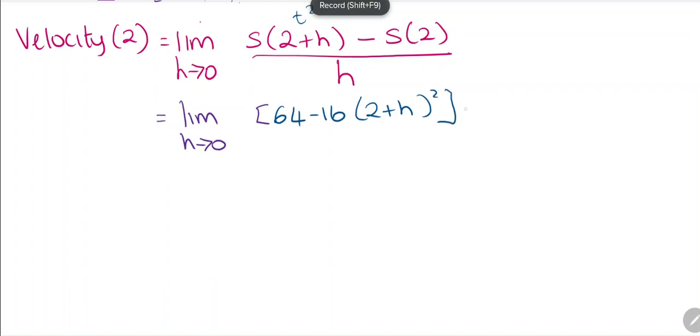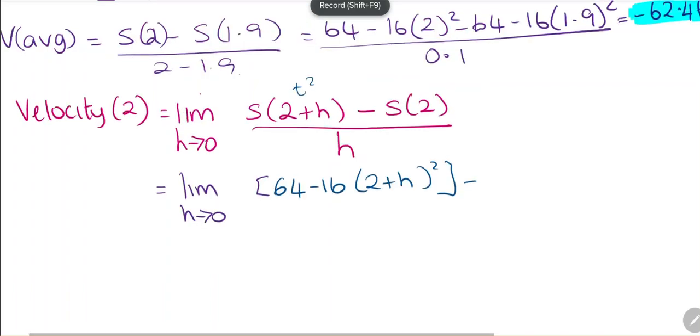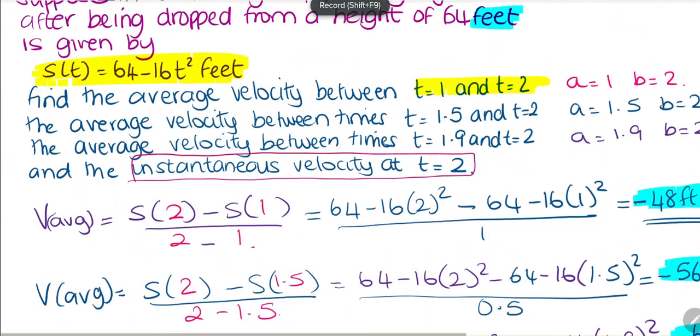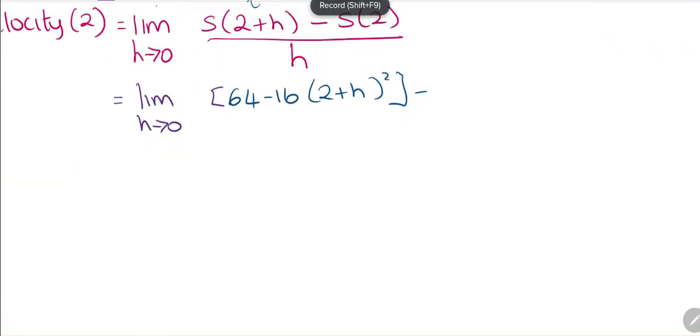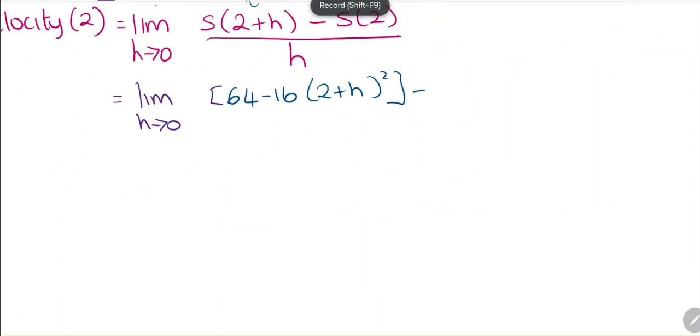And then our s of 2, because our equation is 64 minus 16t squared, so we're going to have minus 64 minus 16 times 2 squared, and this is all over h.